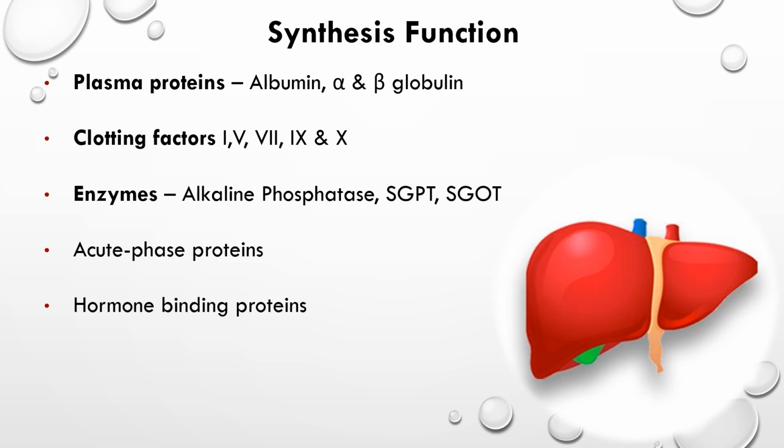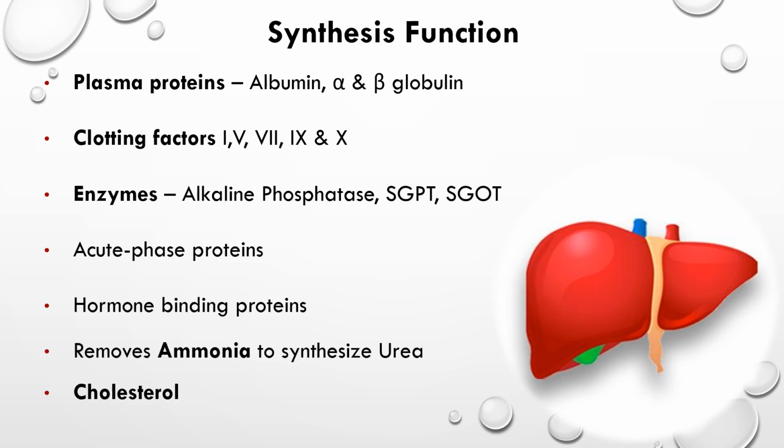All the hormones have hormone binding proteins, to increase their half-life period, so they bind with the hormone binding proteins to stay longer. Most of the hormone binding proteins are synthesized in the liver. Bile salts are also synthesized in the liver, which plays an important role in the absorption of the fat.